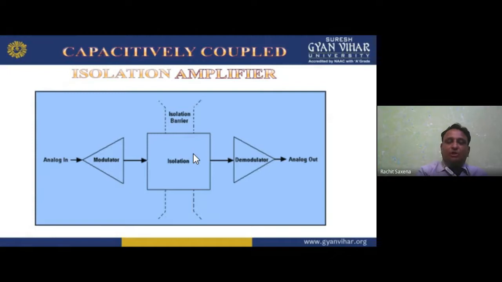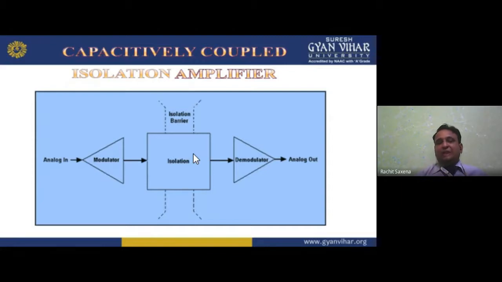If I'm talking about the applications of transformer coupled, we have medical, nuclear, and industry. But if I'm talking about the optically coupled, we have so many applications: vast industrial control process, SCR control, shunt current control, testing equipment, interfacing equipment. Okay, and bio means basically monitoring of the patient with the help of this.